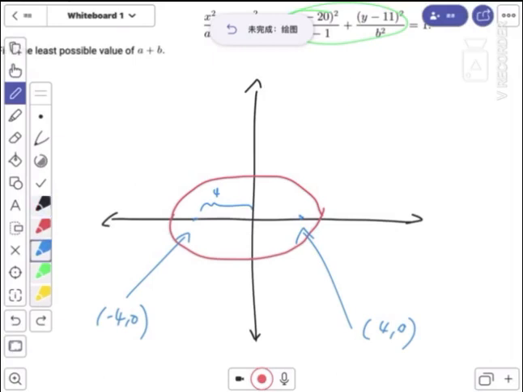let's say the second ellipse is somewhere right here, and I'll use a different color like this. Then this coordinate is 20, 11.